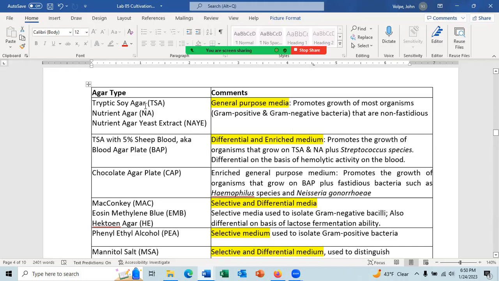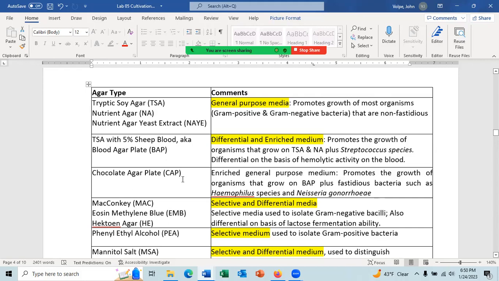It's tryptic soy agar supplemented with 5% sheep's red blood cells. And that promotes the growth of fastidious organisms, particularly members of Streptococcus, like Streptococcus pyogenes. And you can also look at the differences in the hemolytic activity on the blood agar plate.